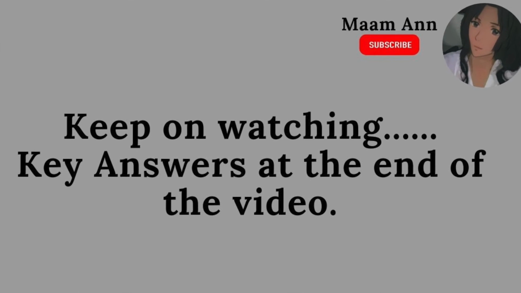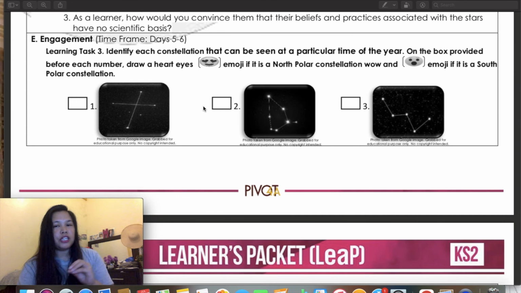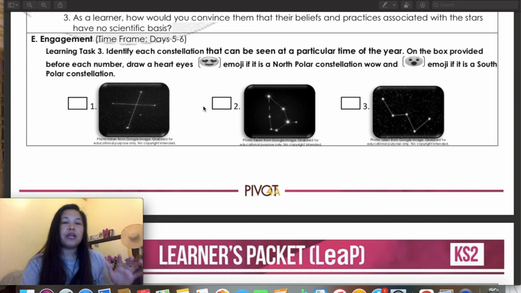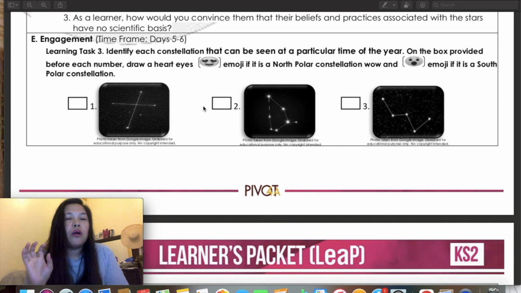In your learning task 3, identify each constellation that can be seen at a particular time of the year. On the box provided before each number, draw a heart-eyes emoji if it is a North Polar constellation, and a wow emoji if it is a South Polar constellation.